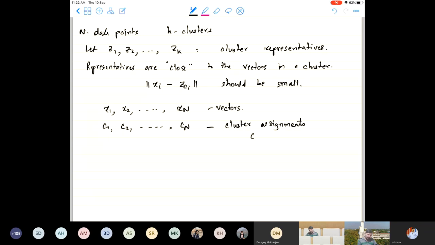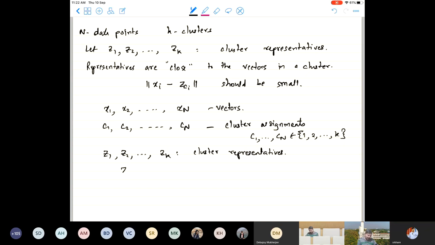Sir, what is ZCI? One minute, let me complete and then you can ask me doubts. These C1 up to Cn will take values between 1 up to k, because there are k clusters that we have decided. You have Z1, Z2 up to Zk, the cluster representatives. These are also vectors of the same size as the given vectors, so they are vectors in Rn.